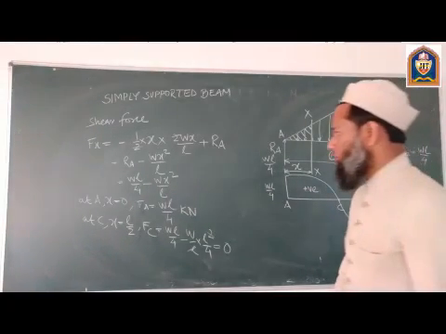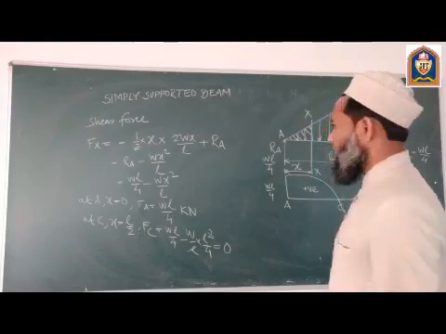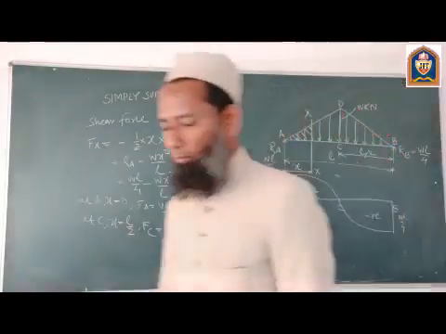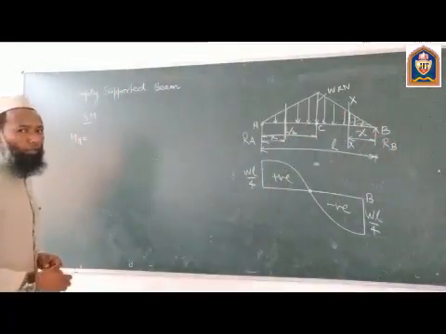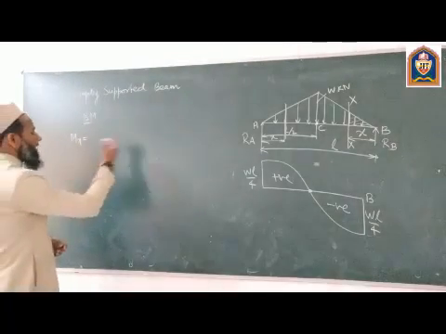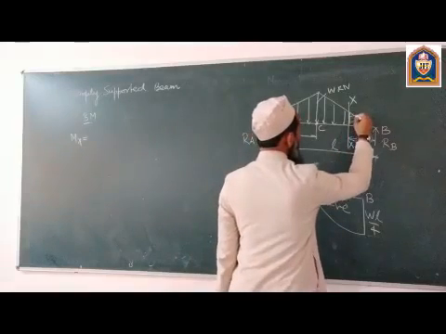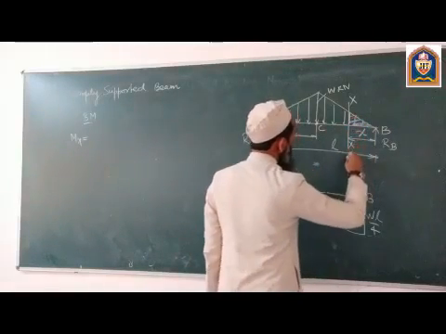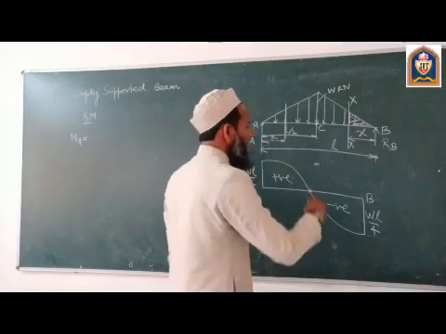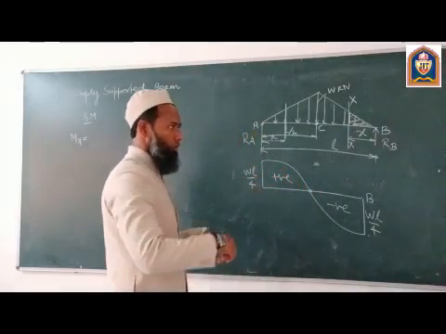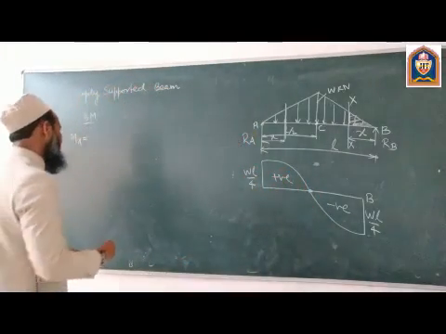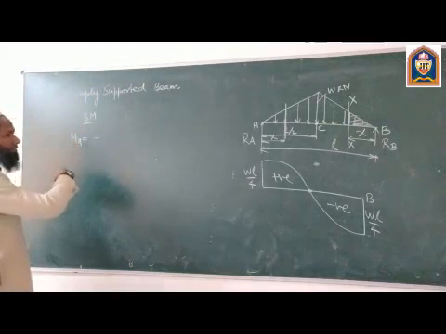Now we will draw the bending moment diagram. So Mx is equal to, we have to consider the force, and because of this uniformly varying load, the moment will take the beam downwards, so it will be a case of hogging. So we have to put down a negative sign.